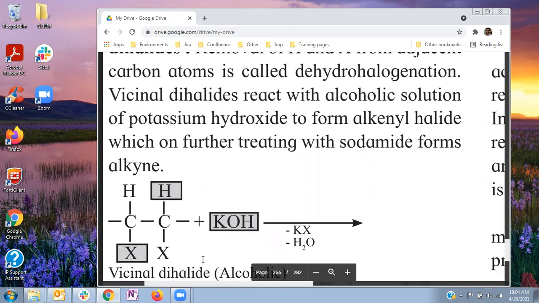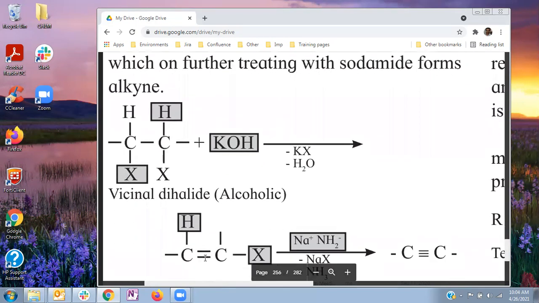Vicinal dihalide reacts with alcoholic potassium hydroxide to form alkenyl halide, which on further treatment with sodamide forms the alkyne.